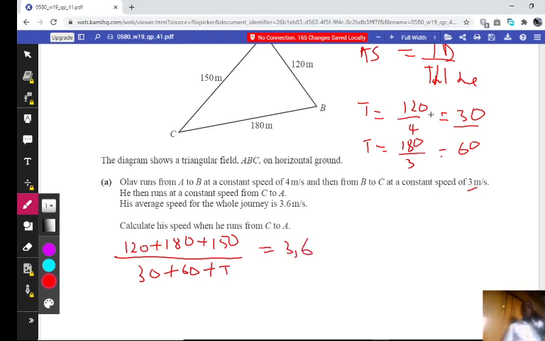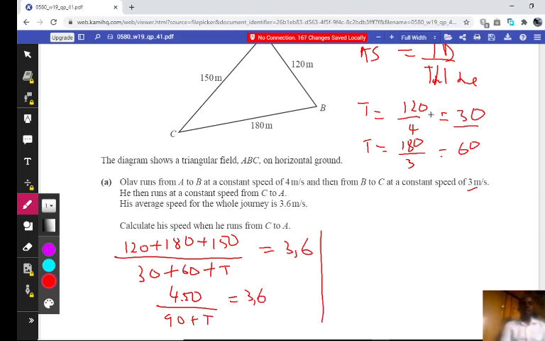So just form a simple equation like this. Then add the distance: 120 plus 180 plus 150, you get 450 over 90 plus T is equal to 3.6.